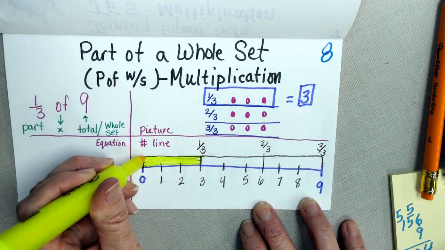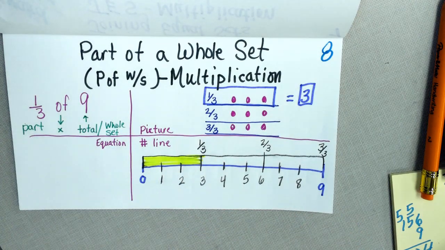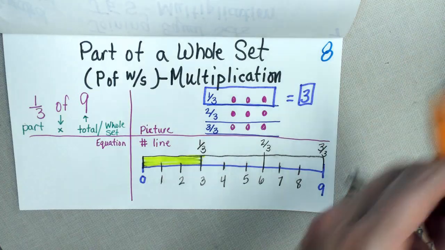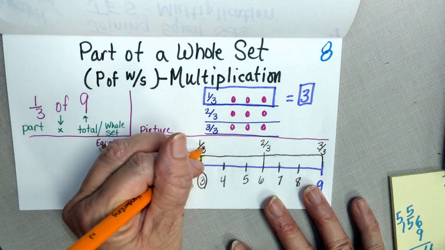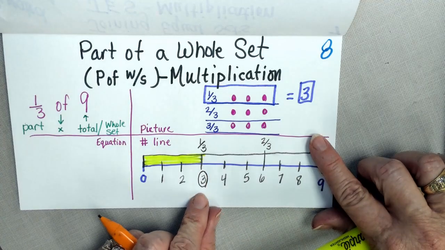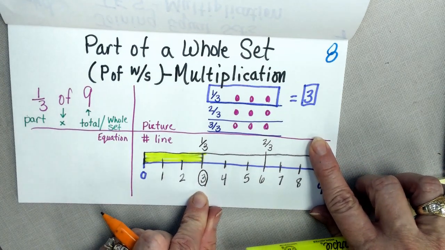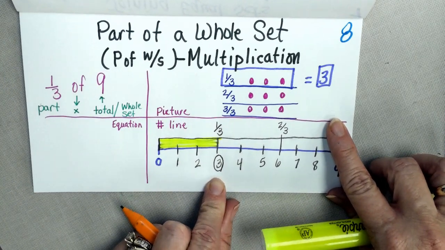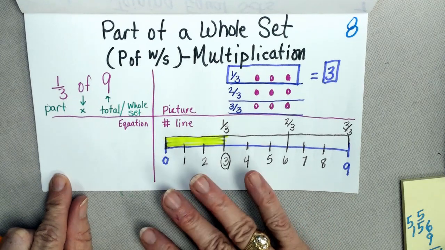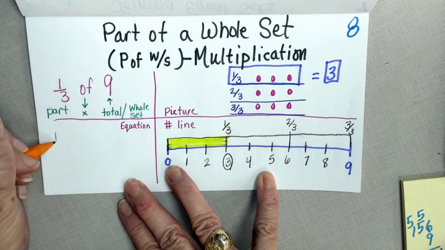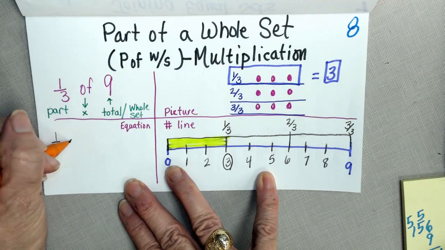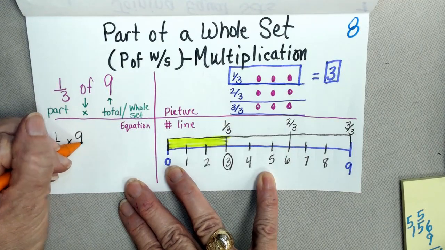What number is represented by the 1/3 marking line? Owen. 3. And 3 happens to be 1/3. And that matches my picture, doesn't it? All right, so we're just left with our equation now. So our equation is going to look like 1/3 times 9.